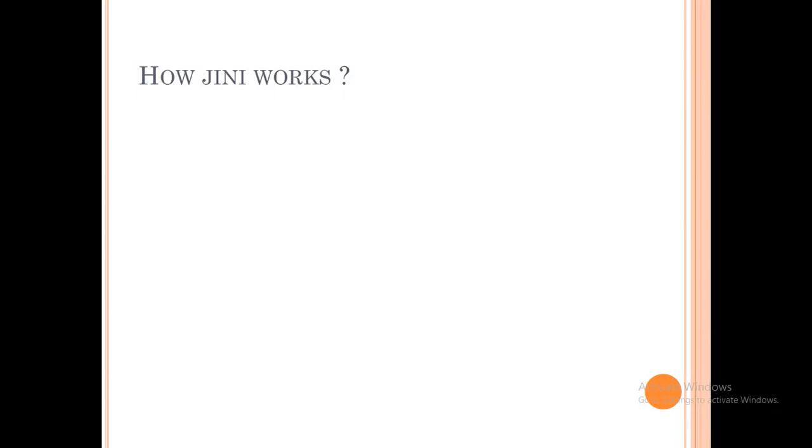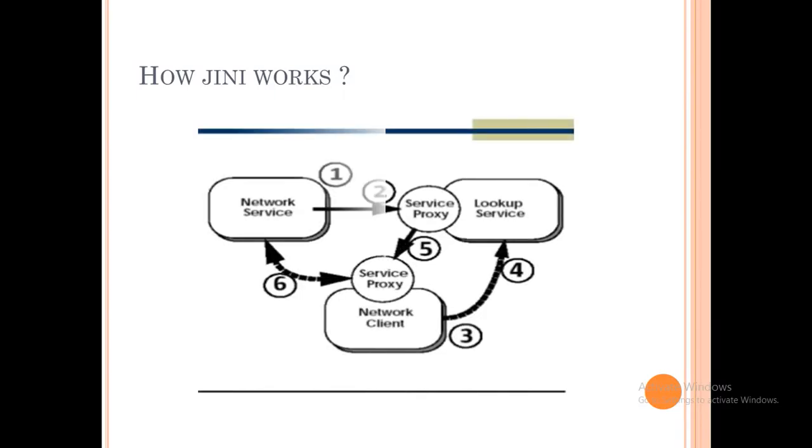Then how Jini works. This diagram shows how Jini works. First is discover. The first step performed is that network services discover the available lookup services. Secondly, the network service sends a service proxy to the lookup service.